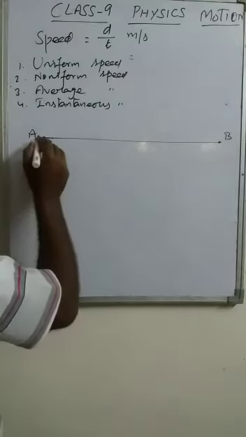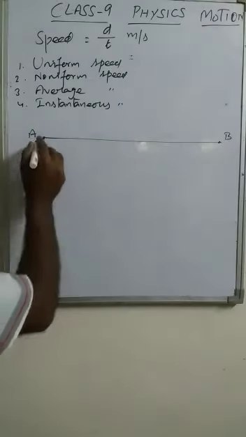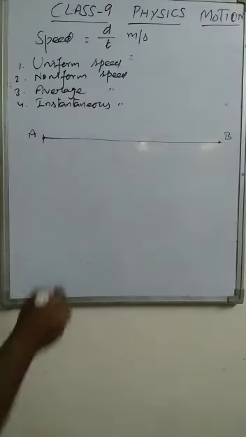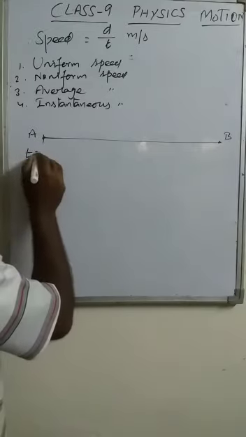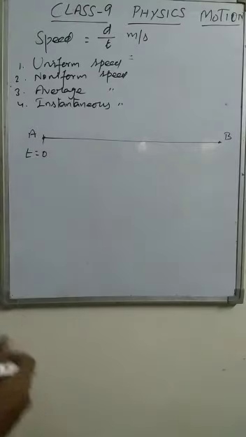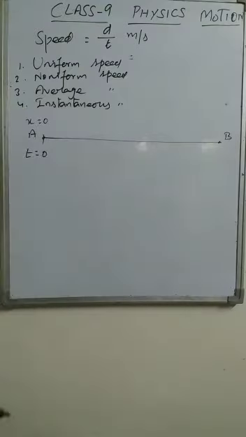Let us take this is the point, that is origin, from where it is starting. From the origin, we take the time is always 0, for our convenience. And the position is also 0.